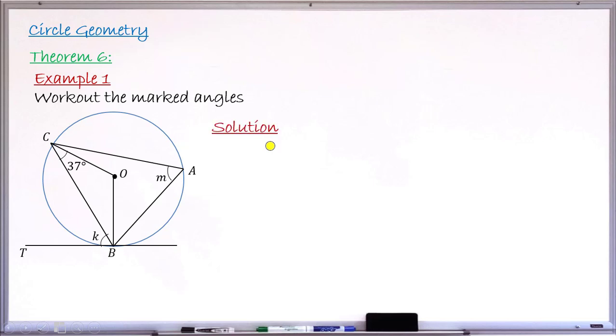So, solution to this problem. You now look at the two angles asked to find and decide which one you begin with. It depends on the one that you have available information to find.